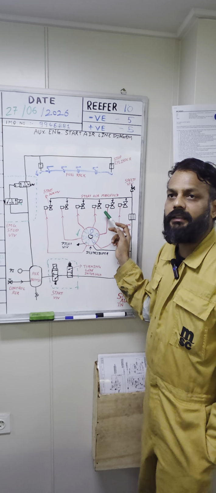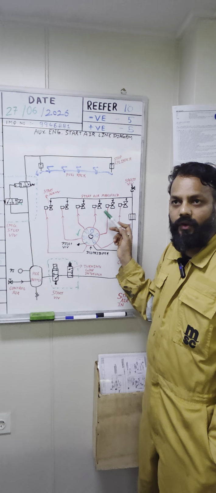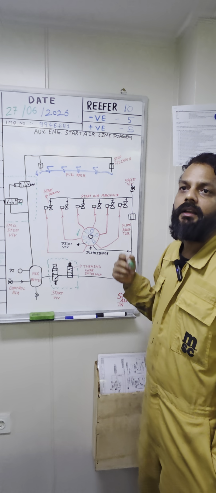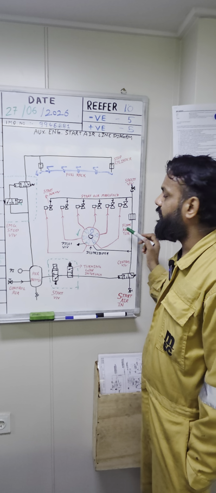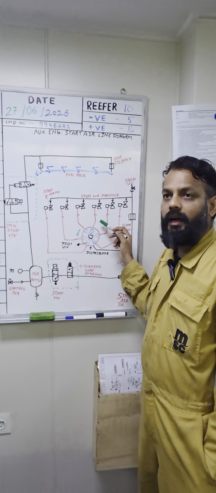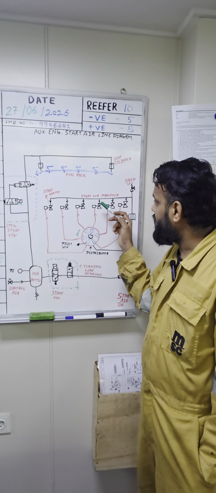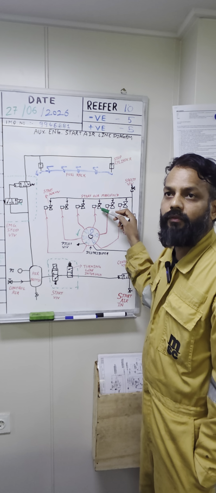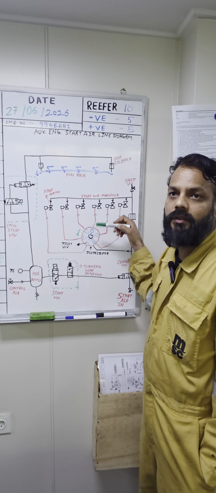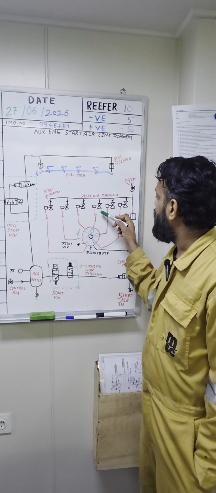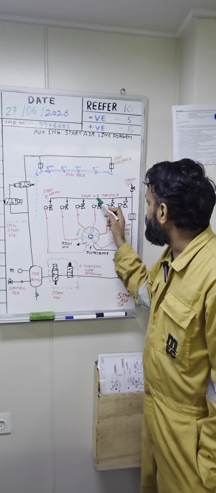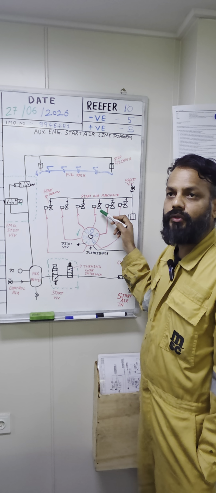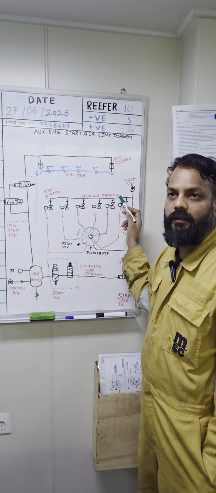For any reason, if this start air valve is not fully closed or is leaking, the unburnt fuel, or not fully combusted gas, will flow into the starter line. So slowly it all gets accumulated here.